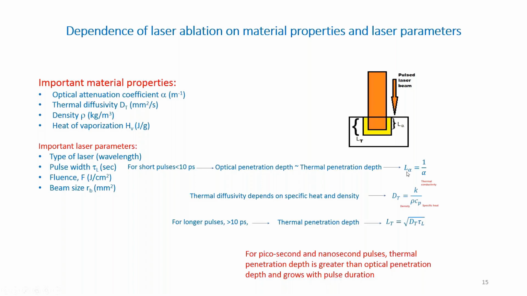So L alpha, in units of meter inverse, is inversely proportional to the absorption coefficient. The next parameter is thermal diffusivity, dt, in units of millimeters squared per second. This is defined as thermal conductivity divided by the specific heat and density. Thermal conductivity of materials like metals is pretty high because they pass the heat very quickly.